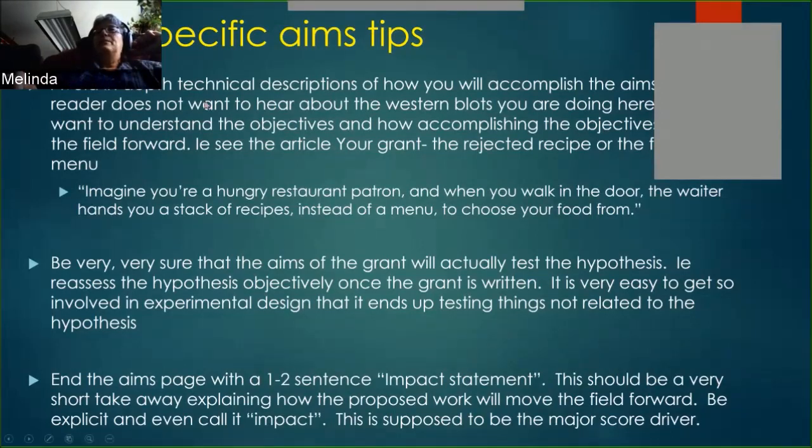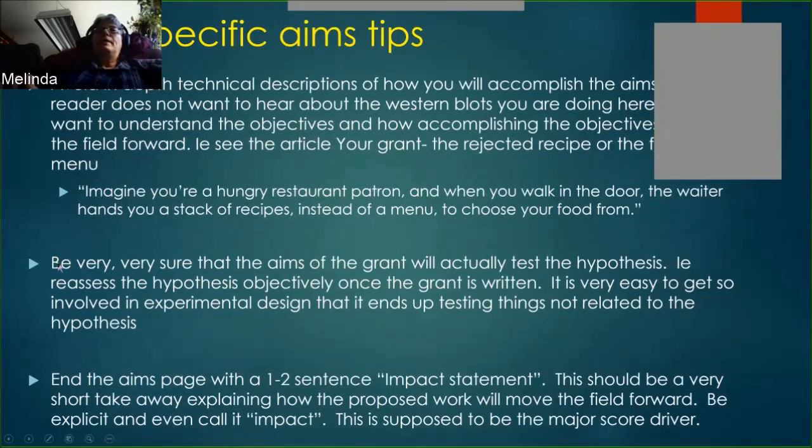An example, in my world, I might say that we want to determine gene expression in a certain way, but you don't want to put the detailed description of the Western blot. So the big picture objective is the focus, and less on the absolute technical detail on an Aims page. You're going to have to put all that in your research description, but it can be counterproductive on an Aims page.